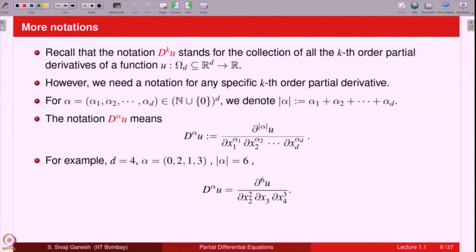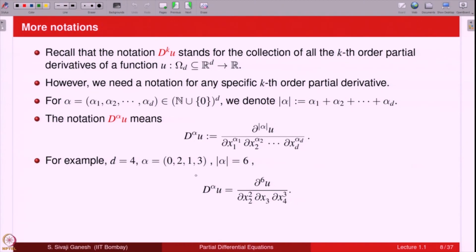So, D^alpha u is dou^6 u by dou x2 square, because the second entry here is 2, that is why the second variable is differentiated 2 times. Third entry here is 1, therefore differentiate once with respect to the third variable, and similarly with respect to the x4 variable differentiate 3 times, because there is a 3 here.